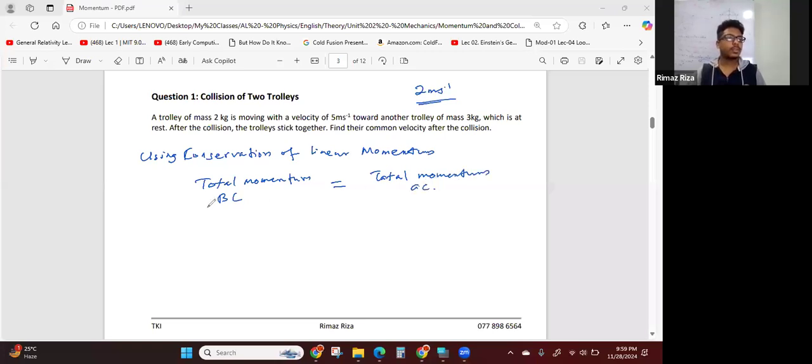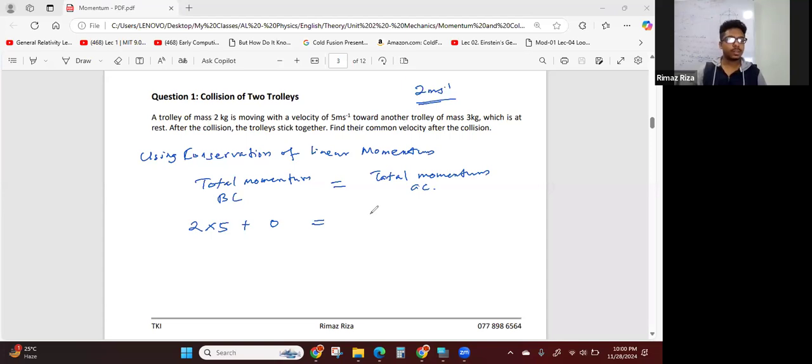Total momentum before collision, we have a trolley of mass 2 kilogram moving with a velocity of 5, plus another trolley of mass 3 kilogram which is at rest, so 0. And then after the collision, the trolleys stick together, find their common velocity after the collision.